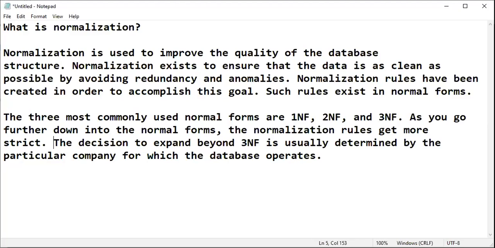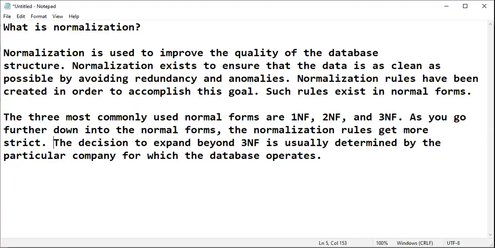Now, when we start to talk about the different normal forms, let's see what they are. The three most commonly used normal forms are first normal form, which is 1NF, second normal form, which is 2NF, and third normal form, which is 3NF. Okay, and as you go further down into these normal forms, the normalization rules will get more strict.